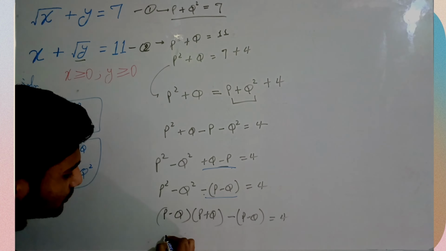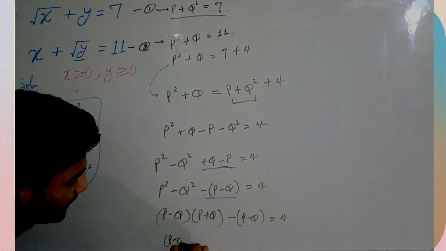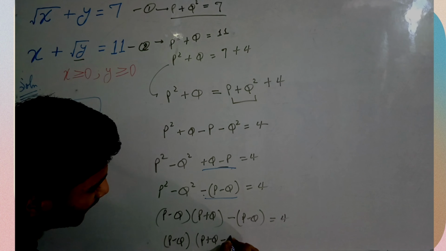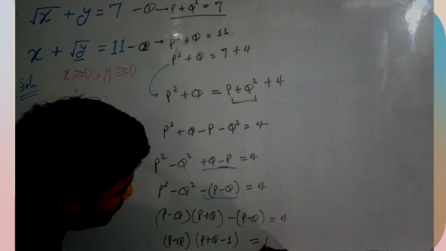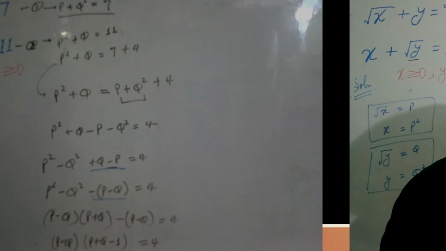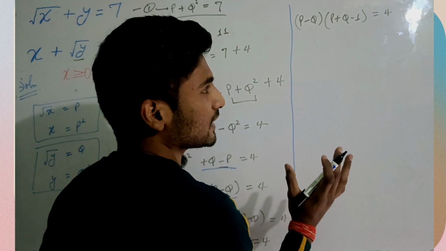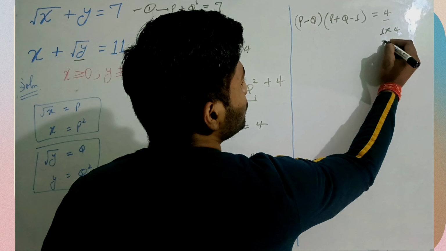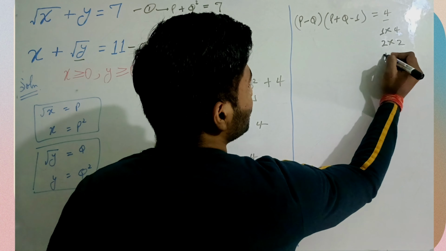Taking p minus q common, we get p minus q times p plus q minus 1 is equal to 4. 4 can be factorized in 3 forms, that is 1 cross 4, 2 cross 2 and 4 cross 1.